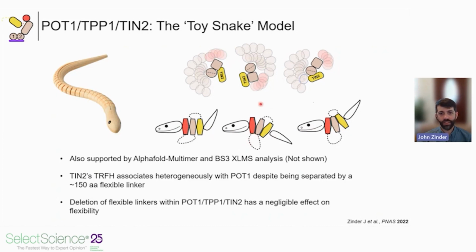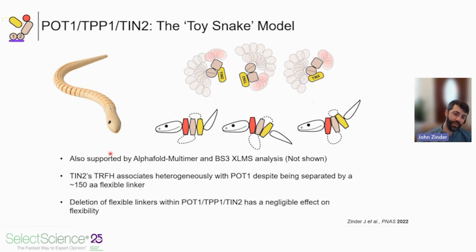And so this gives us a model like this, where we have these structured domains still flexing pretty much continuously. Again, we've used the C-terminal domains of POT1 as an anchor, and we have TIN2, its structured domain, associating differentially with that domain.